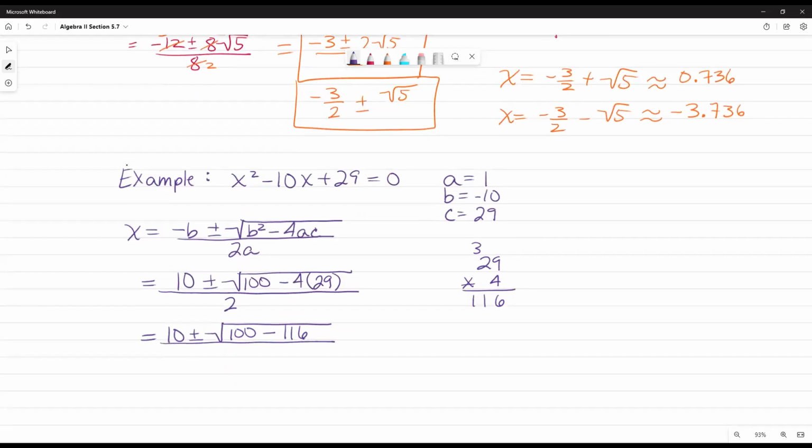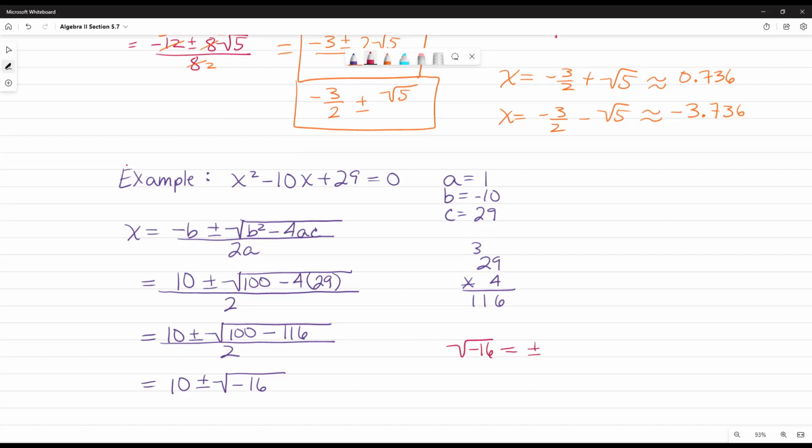Divided by 2? Okay, so right now, what is it? -16. Okay, so what is the square root of -16?